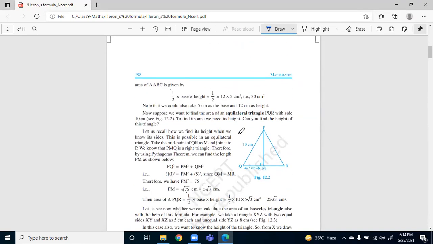Okay, so let's say if we have an equilateral triangle, then the formula is different. So you should write in your copy, area of equilateral triangle is given by, Leona, have you remembered?